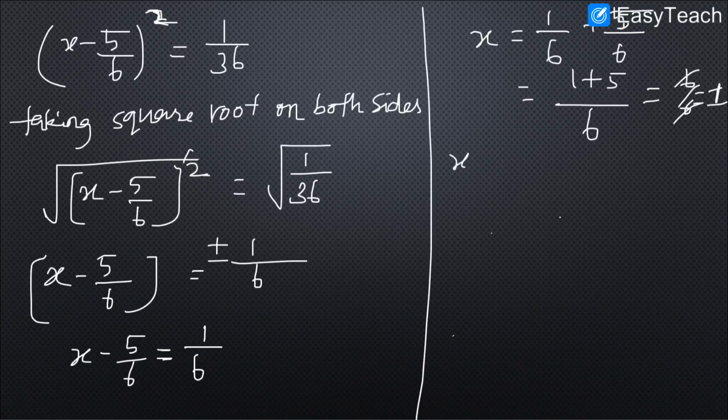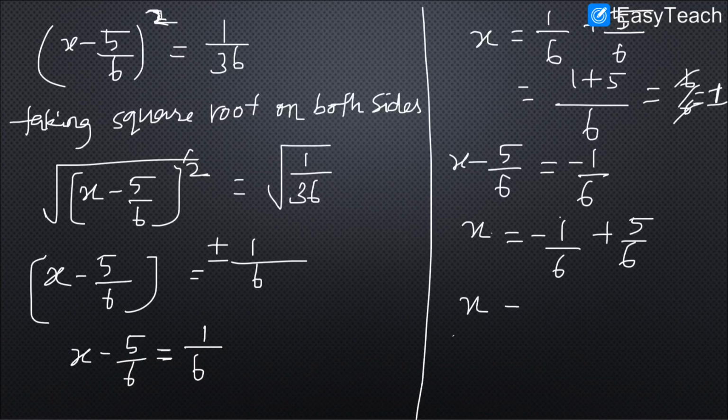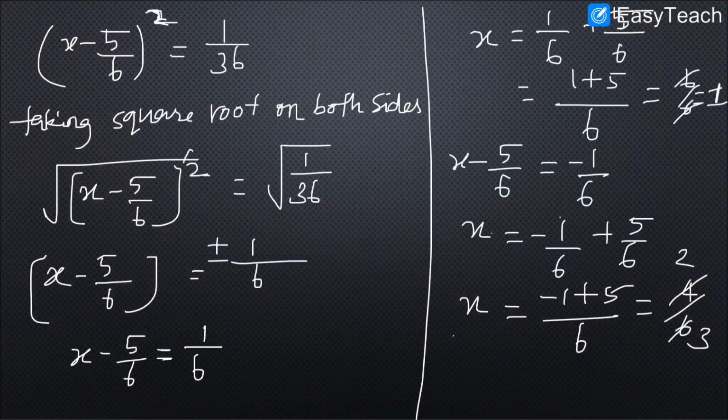If I take minus 1 by 6, let's see what the answer will be. x equals minus 1 by 6 plus 5 by 6. With 6 as LCM, minus 1 plus 5 equals 4 by 6, so 2 by 3. So the solutions for this quadratic equation are 1 and 2 by 3.